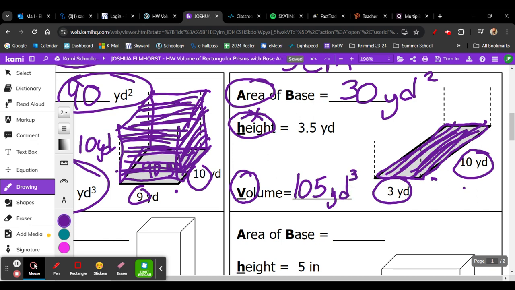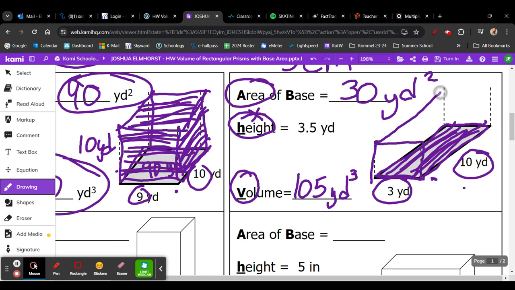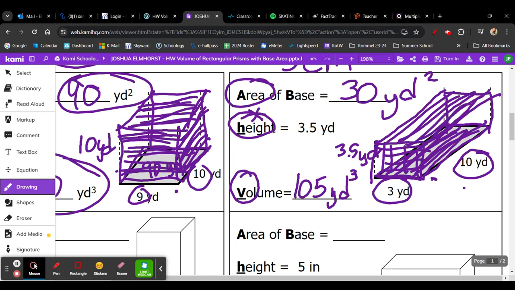How many cubic yards would it take to fill up this shape? 105. To go all the way across and fill the shape up, 3.5 yards. That would be a lot of cubic units in order to completely fill up this shape.